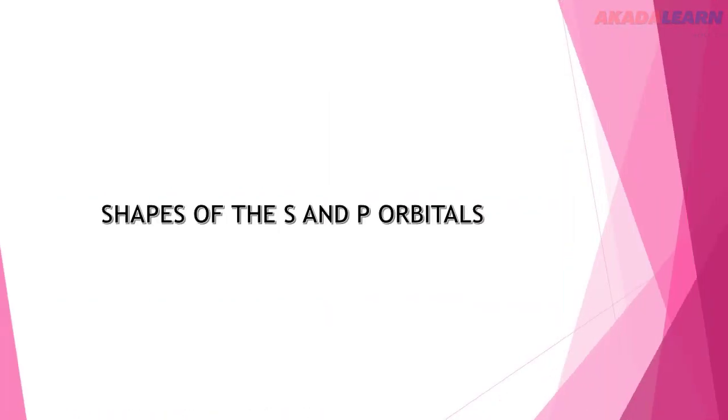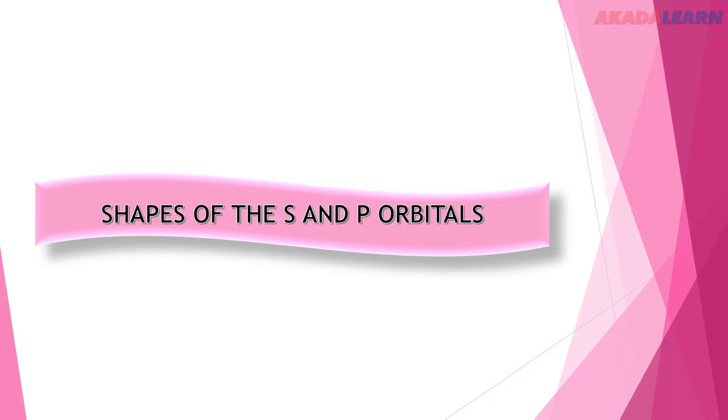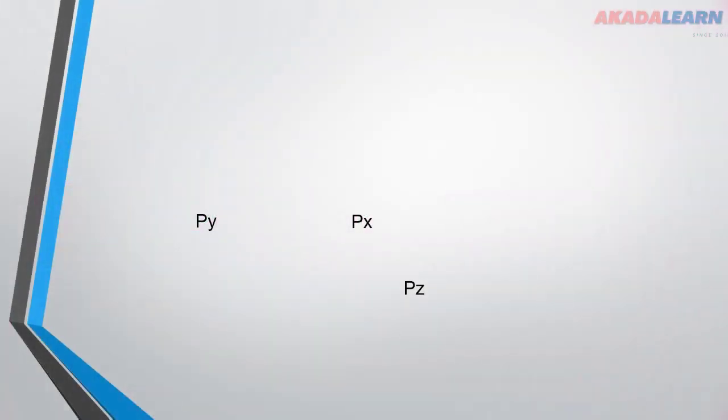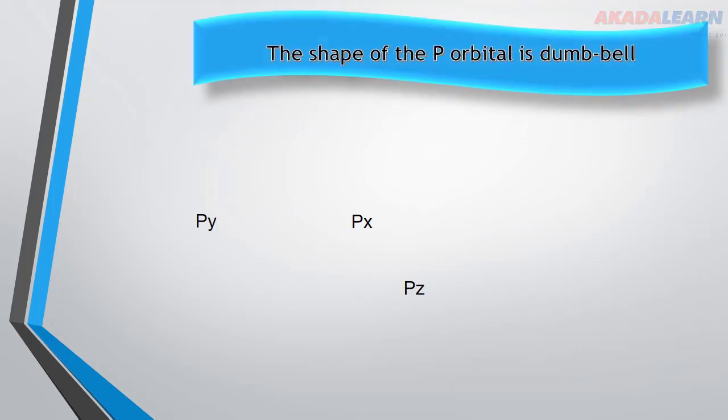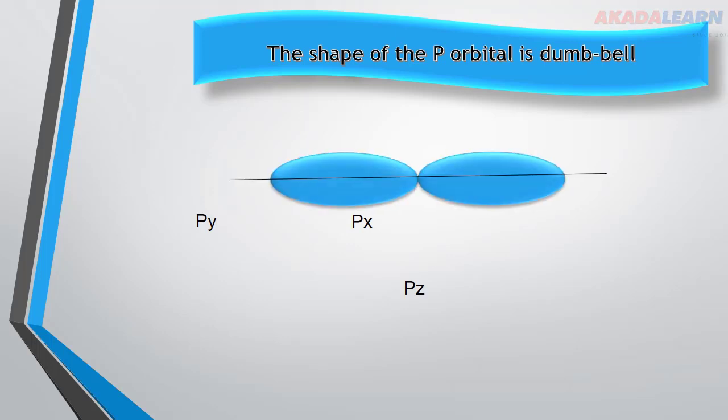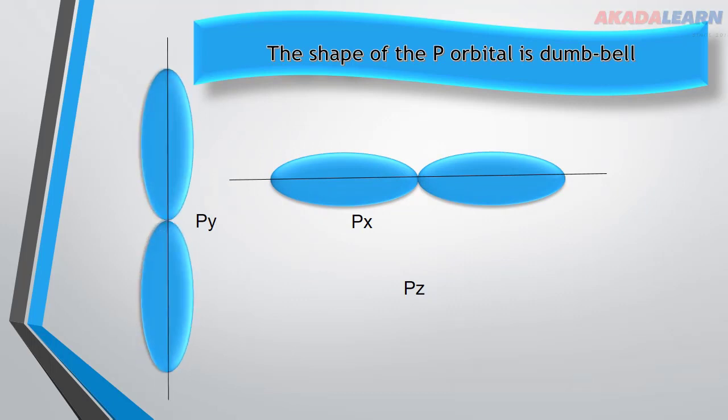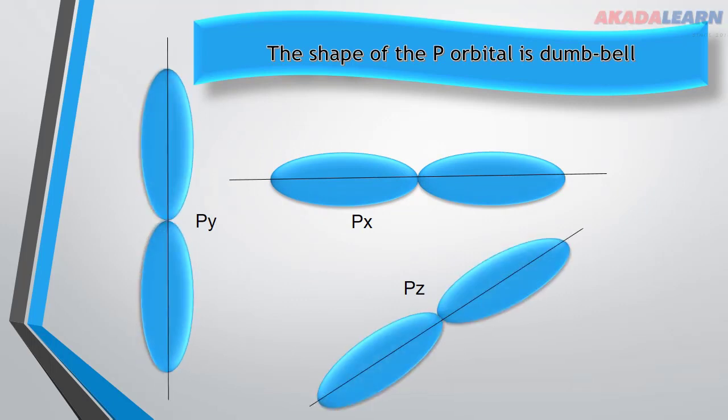Let's now take a look at the shapes of orbitals. Like I said earlier on, the p orbital has three different orbitals: the px, the py, and the pz. Now, you can see this shape.